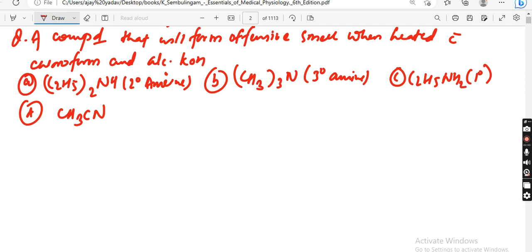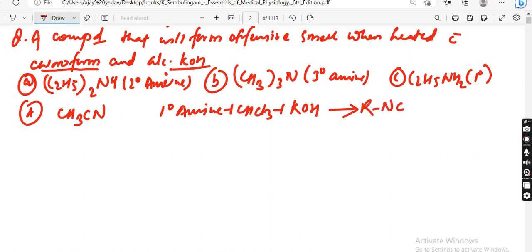So we know that chloroform and KOH with the help of a primary amine, plus CHCl3 plus KOH, will react to give RNC, which is your isocyanide.